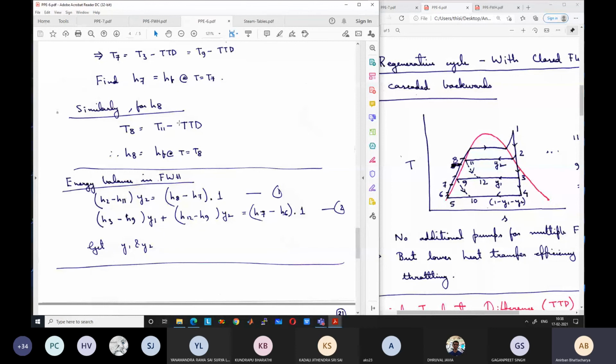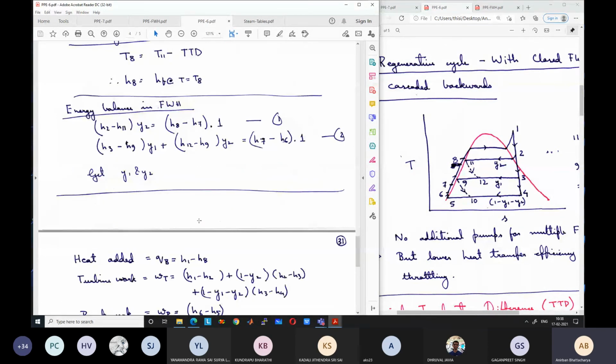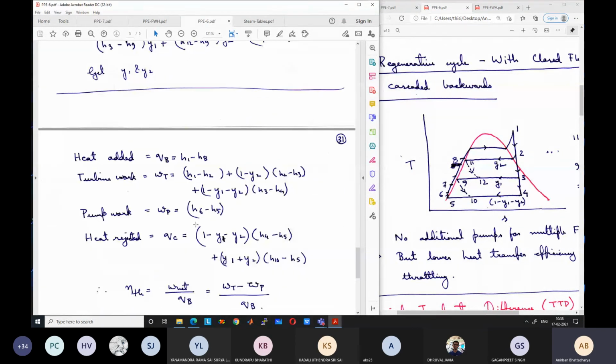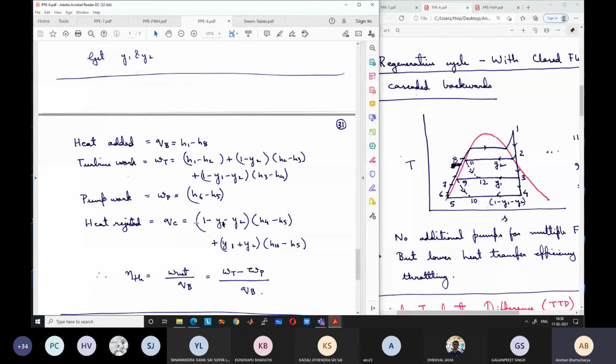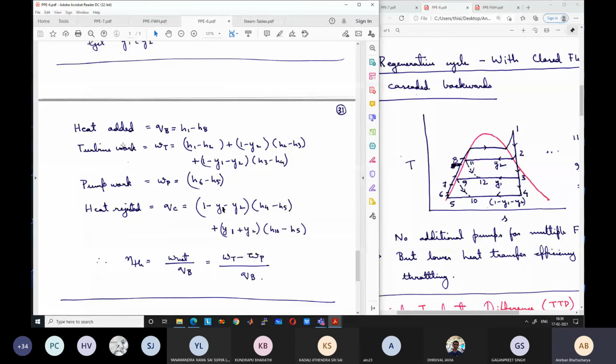Once you find out all these values, you can find out the heat added. QB is equal to H1 minus H8. The turbine work output is H1 minus H2 plus 1 minus Y2 into H2 minus H3 plus 1 minus Y1 minus Y2 into H3 minus H4.